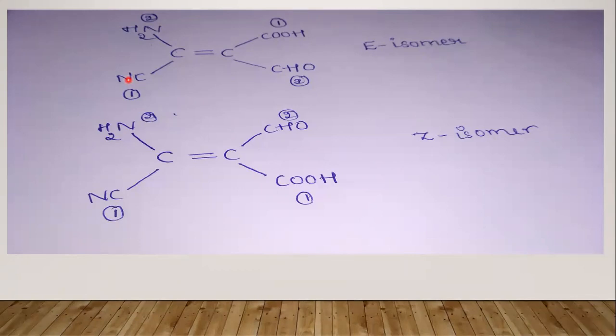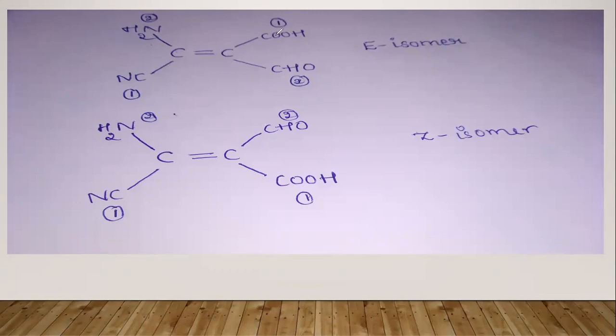In the first carbon, connected with carbon here, COOH, I will count the first carbon. And this carbon connected with carbon here. So the same priority. Here carbon and here carbon. The same priority. Check the next element. Here oxygen, but here hydrogen.